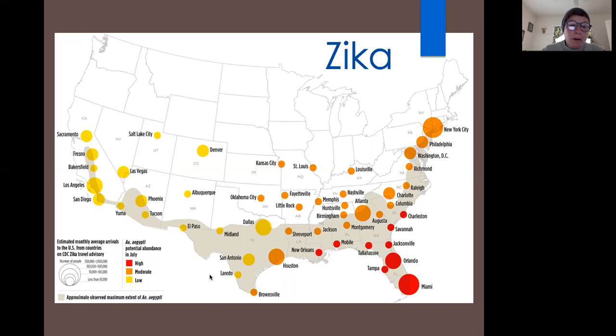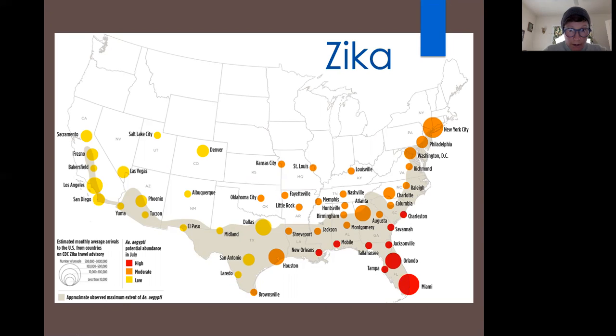So an important map to make was, you know, some of the major variables to consider were here, right? If we look down at the legend, the estimated monthly average arrivals to the US from countries on the CDC Zika travel advisory, right? So the size of these dots on the map represents how many people are coming in from countries that we know have Zika. So that's the size of the dot. Then, it doesn't really matter if those people are flying to Seattle, because Seattle doesn't have a lot of mosquitoes.